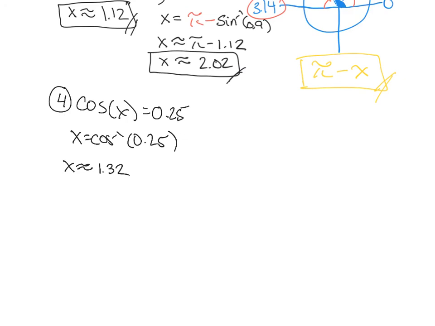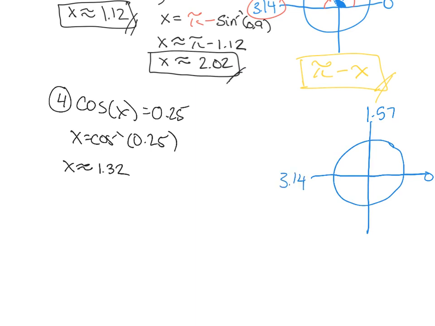Let's draw a unit circle. So let's see if I go like this. That's evenish. Let's see. 0, 1.57, 3.14. Okay, so let's see. 1.32, it's about here-ish, maybe? Again, these are all just approximations.